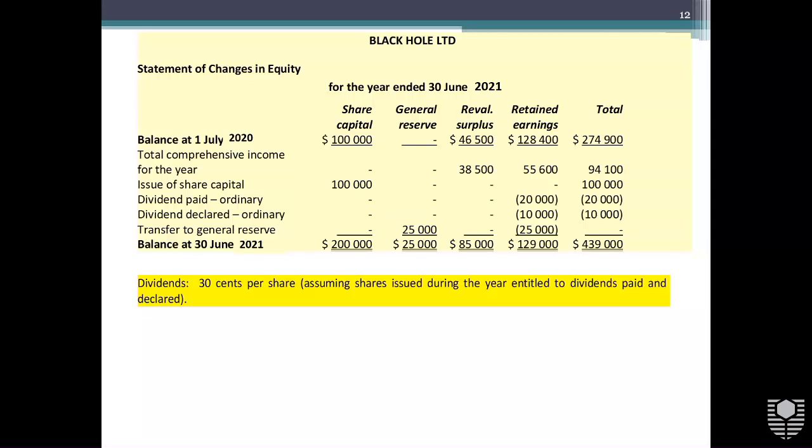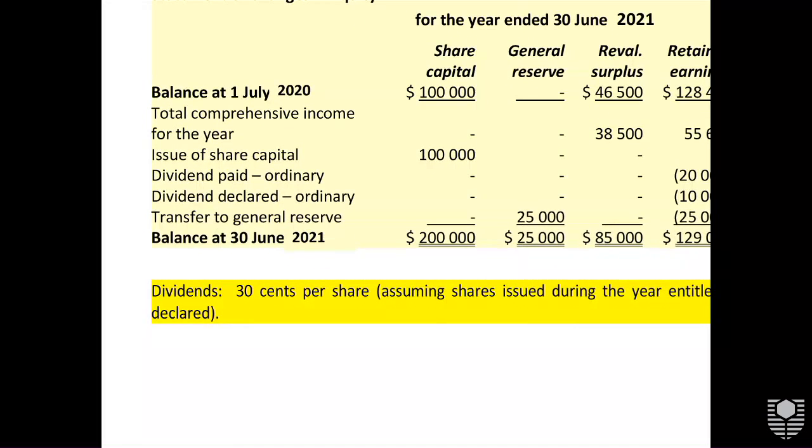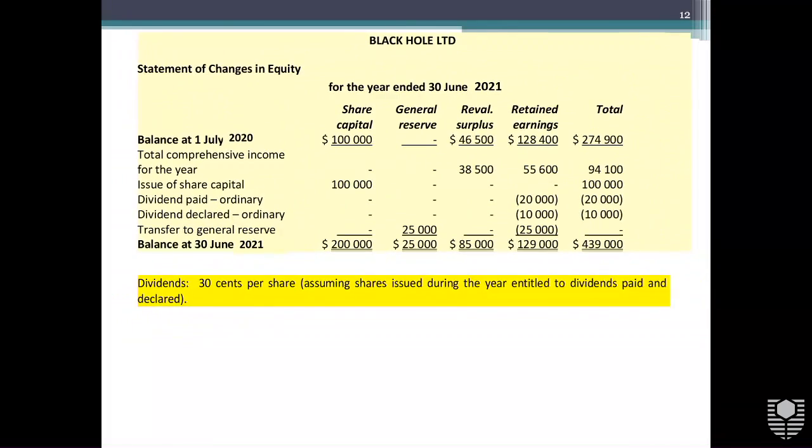Now, our retained earnings, 129,000, that's what we calculated in our original profit and loss. Our opening balance as at 2020 is 128,400. Add your profit there of 55,600. We paid the dividend and we've declared a dividend, so 1 of 20, 1 of 10.